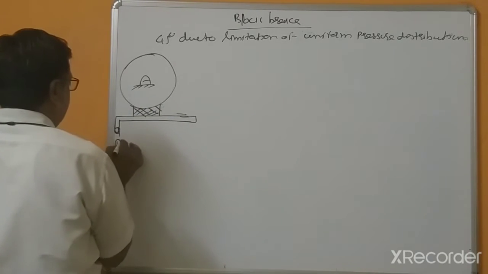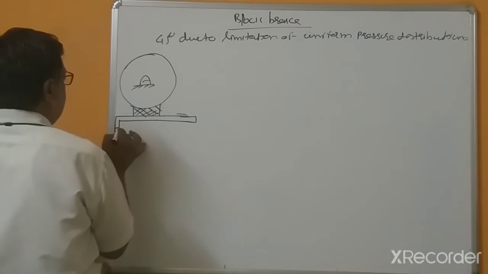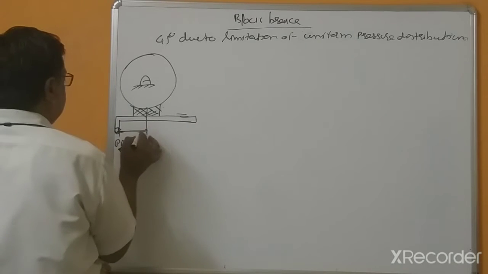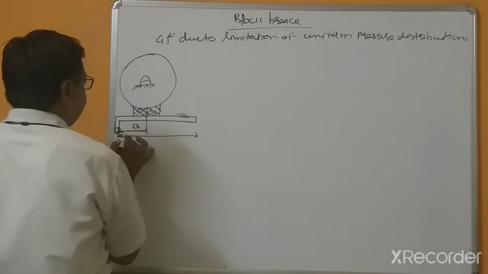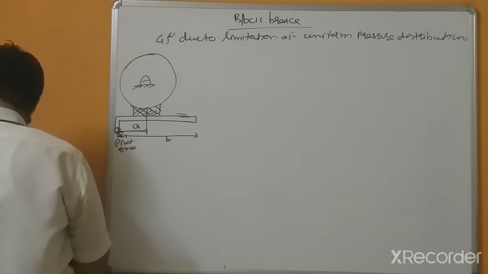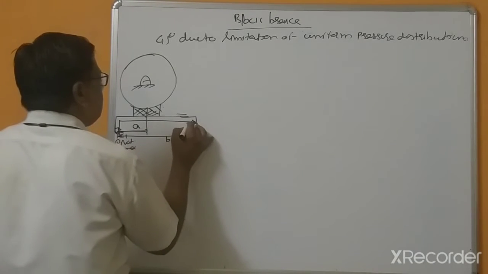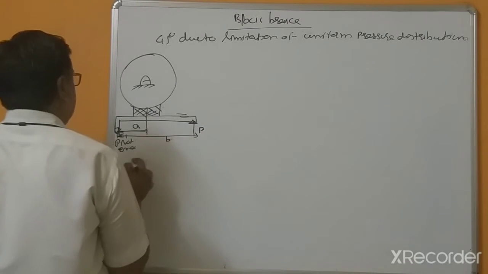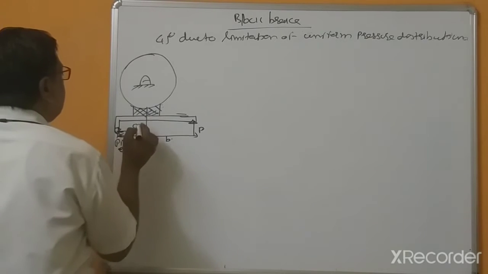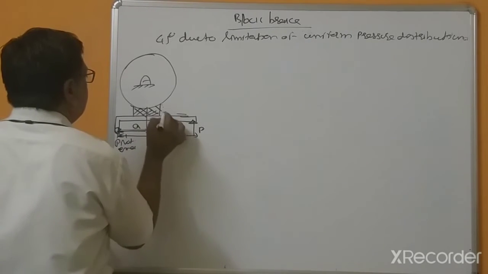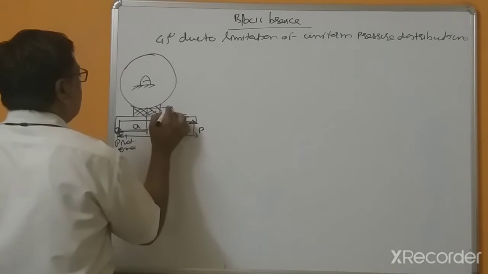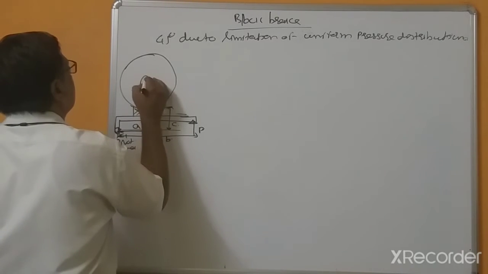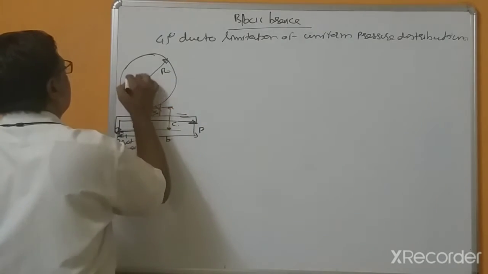So this is the pivoted end, and this distance is A, and this distance is B. So here this is the force which is to be applied, and this distance is C. This is rotating clockwise.